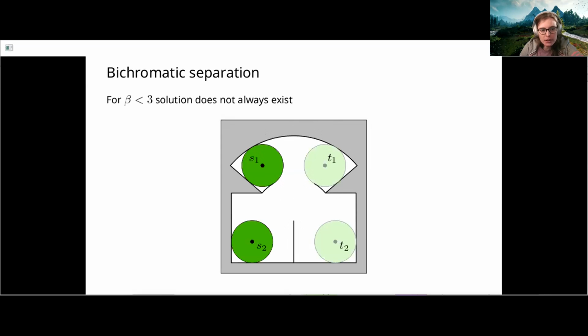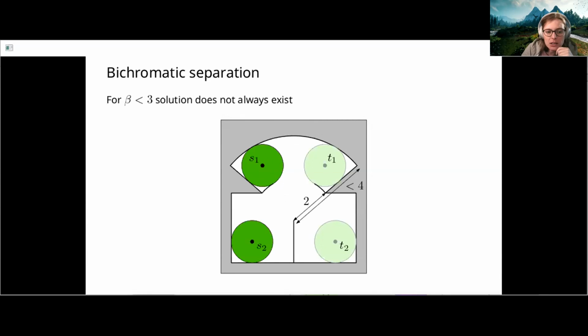On the top, there is this circular arc corridor with a gap between the top and the bottom part of the polygon, just a bit less than the diameter of the robot, so that they cannot pass through. And the distance between the centers of the robots is just a bit less than 3.